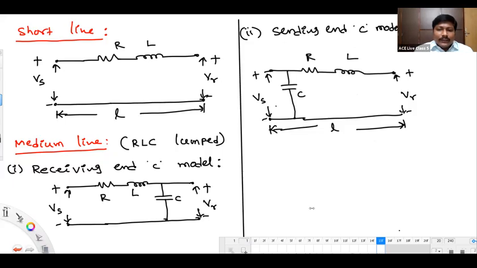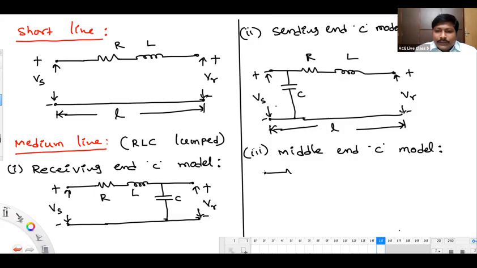In the next model, I'll keep the total capacitance at the midpoint of the line. This RL I will divide into two parts: R by 2, L by 2, R by 2, L by 2, and in the middle we keep the capacitor. We can call that the midpoint capacitor model or middle end capacitor model.